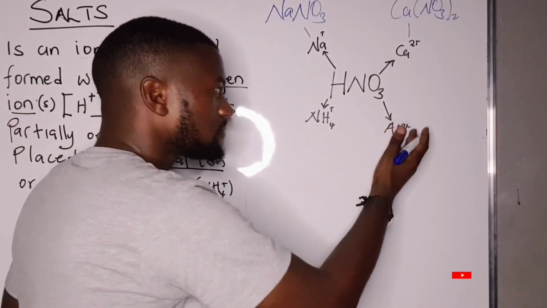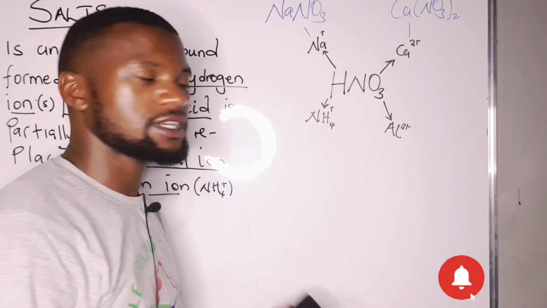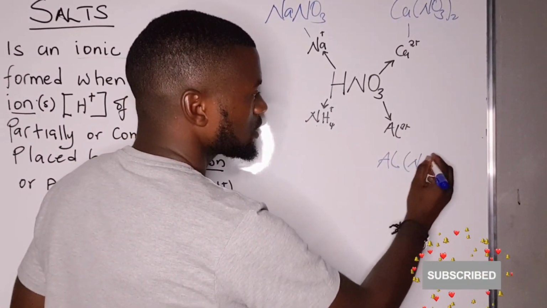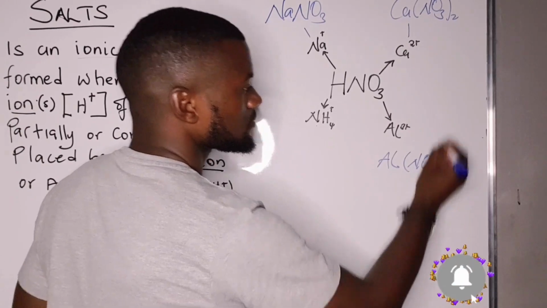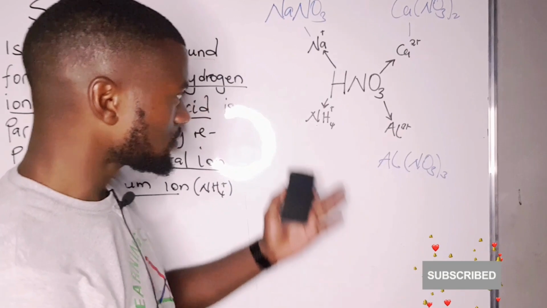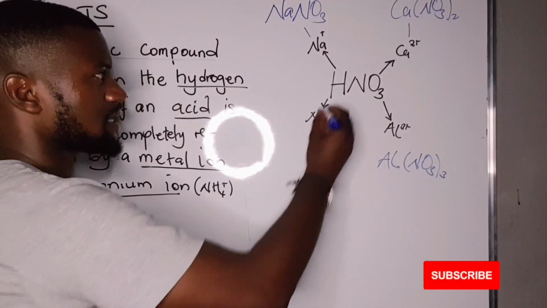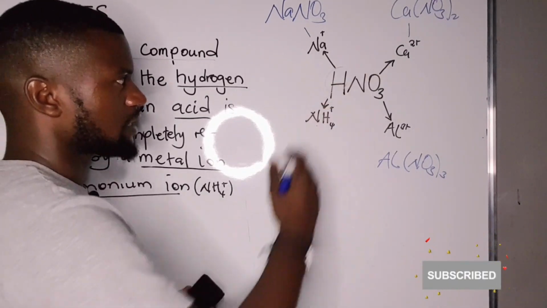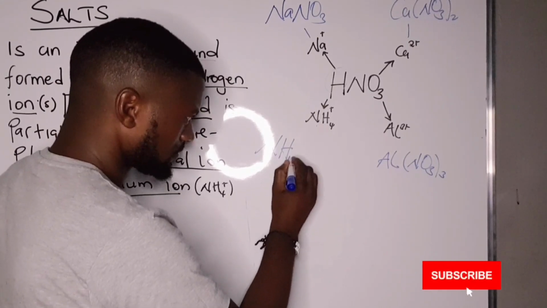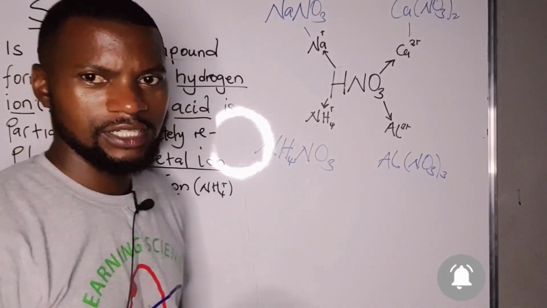When aluminium ions replace the hydrogen in nitric acid, we are going to have aluminium nitrate, which is a salt. When ammonium ions replace the hydrogen in nitric acid, we are going to have ammonium nitrate, which is a salt.